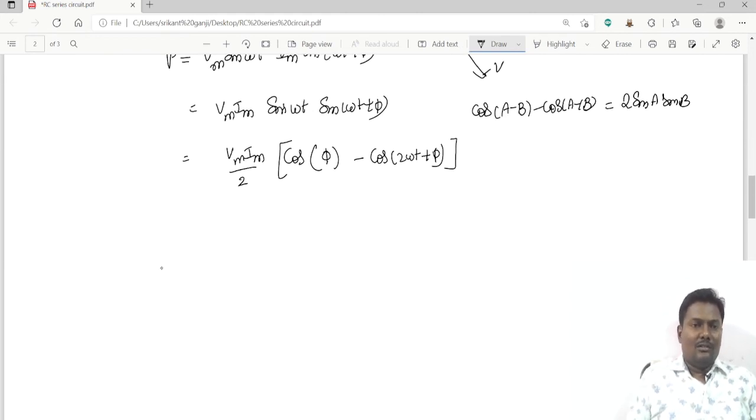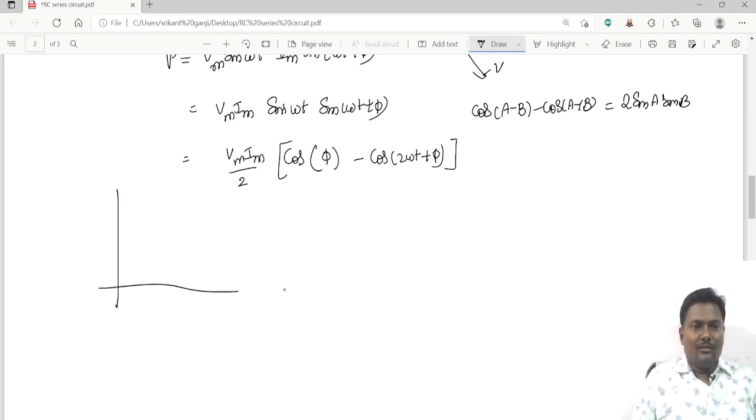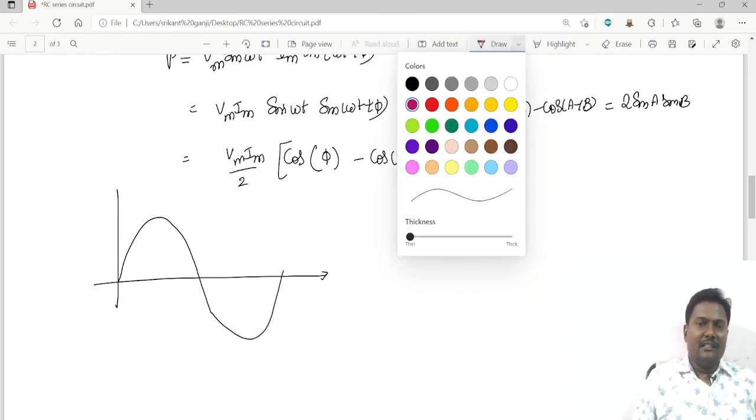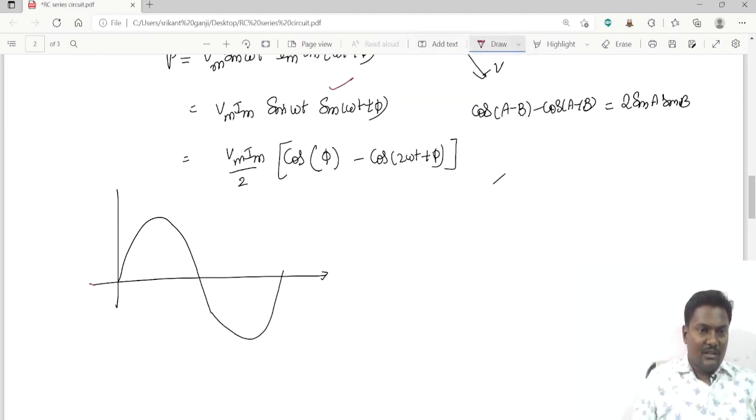Now if you want to draw the waveforms of voltage and current, this is the voltage waveform, and the current waveform should be leading, because I is equal to Im sin of omega t plus phi. So at phi it is leading.